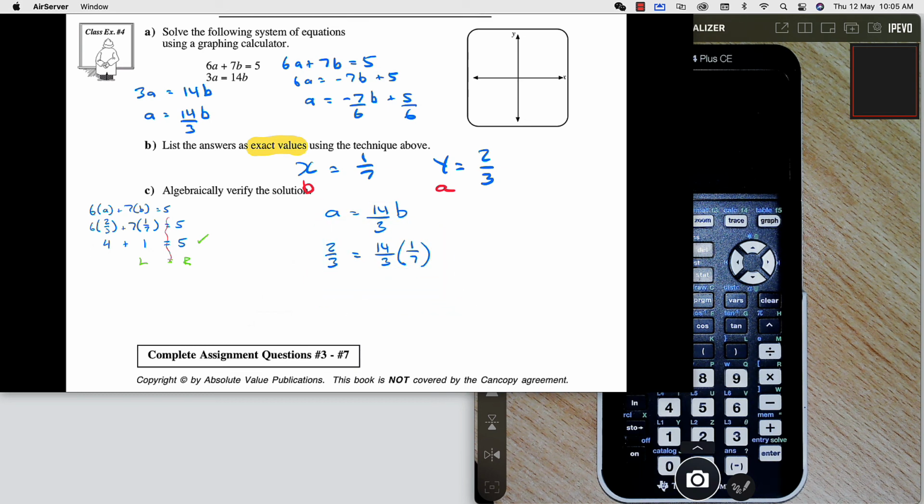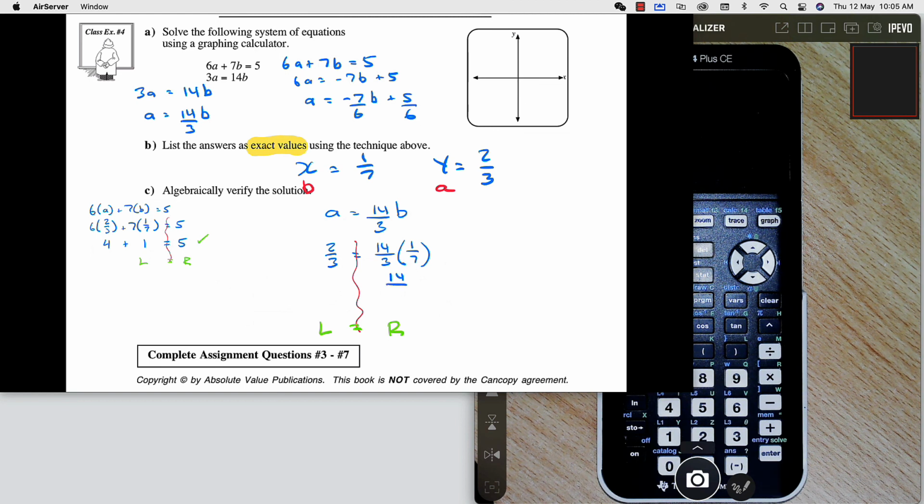Okay, and again, what we're trying to prove is that whatever is on the left side equals whatever is on the right side. So on the right side, we got 14 times 1, which is 14, over 3 times 7, 21.